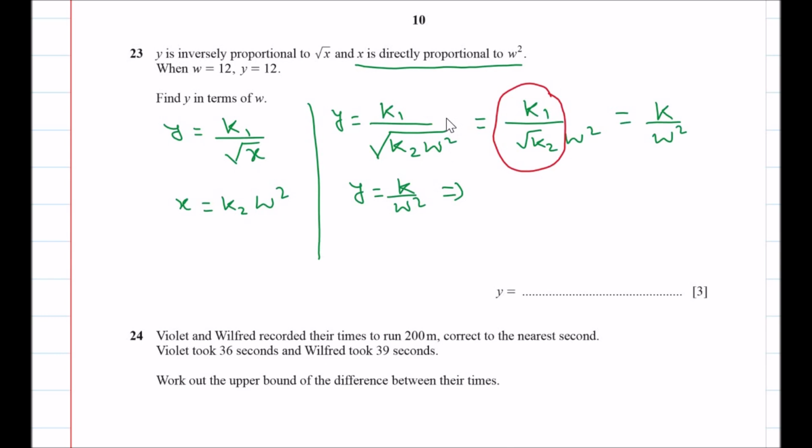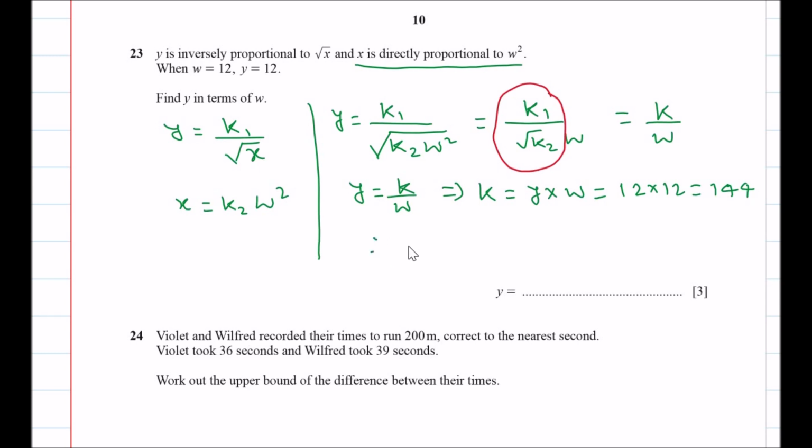Sorry, I made a mistake here. W square, when we took it out of the square root, we get w. So it will be just w, not w square. Okay. So k equal to y into w, that is 12 into 12, that is 144.